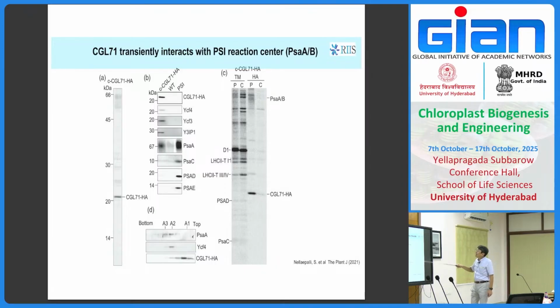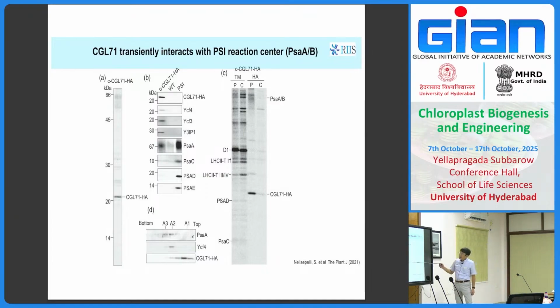And also, this is pulse labeling, and it's not so clear. CGL71 here, and the reaction center proteins, this diffuse band is not so strong a signal, but it's really the newly synthesized reaction center protein interacting.